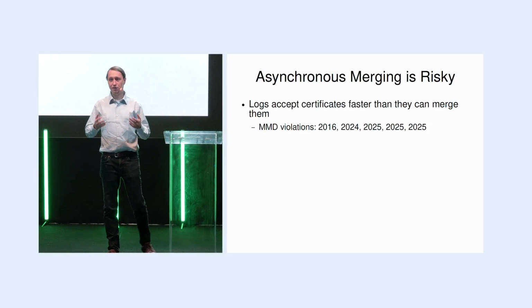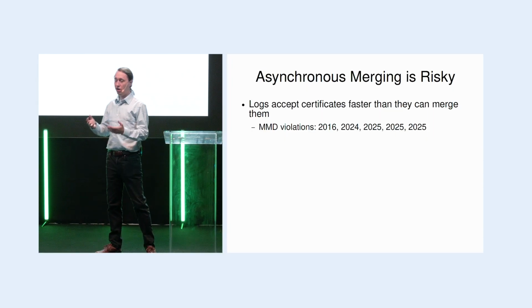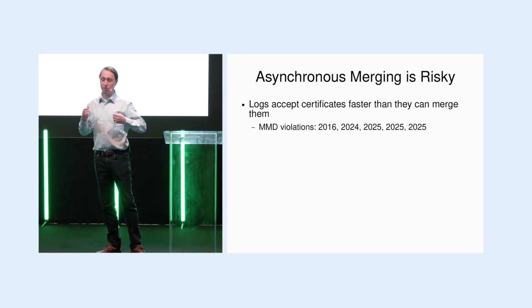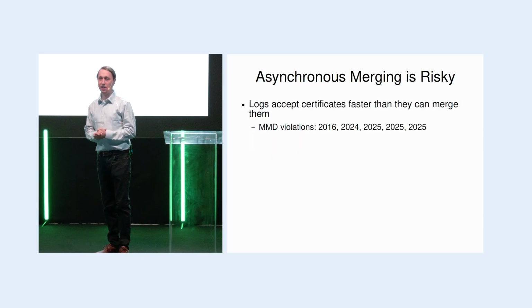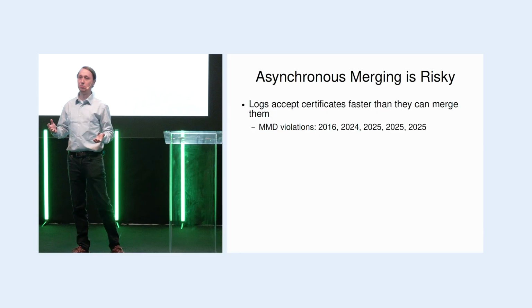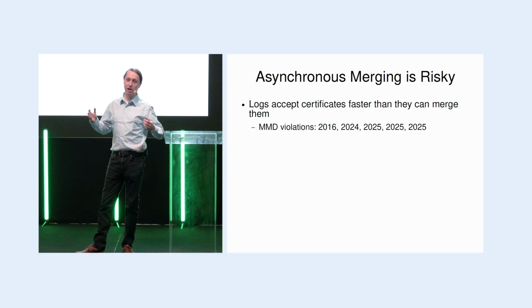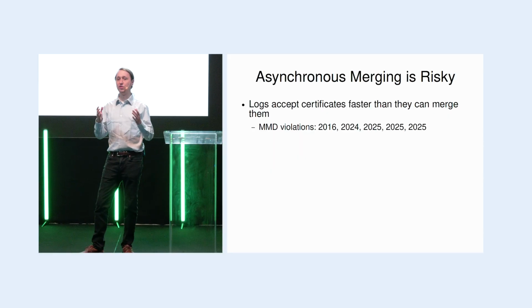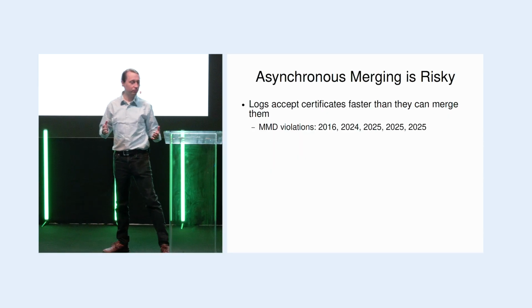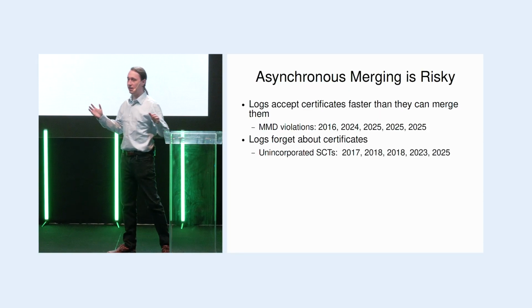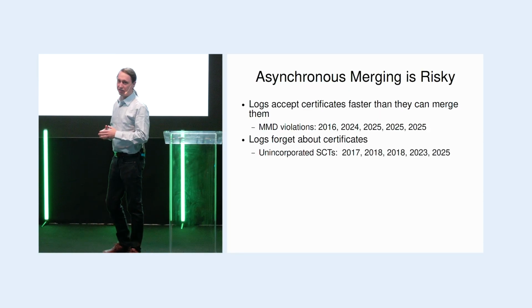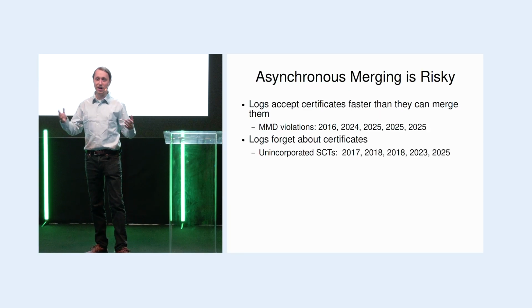So there have been 5 failures over the years where a log has been unable to merge all of the certificates that are pending into the log within the 24-hour MMD deadline. And in all these cases, basically the same thing happened. There's been a surge of certificate submissions to the log, and the log just can't keep up.